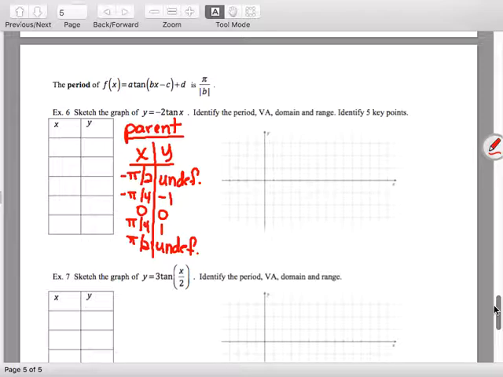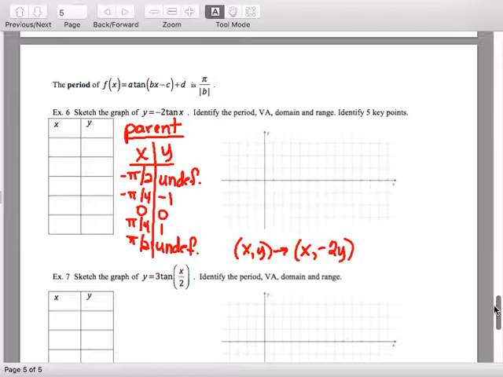Then what we're going to do is use mapping notation. The great news is I don't have anything inside with x. So, yay, it's just x. And then what is the y going to map to? Yes, negative 2y. You're going to use that a value, not an amplitude, but the a value. All right, so I'm going to pause, and what I want you to do is use the mapping notation. You're going to write all the x values the same, but then you're going to take negative 2 times the y values. Now, undefined remains undefined, okay?